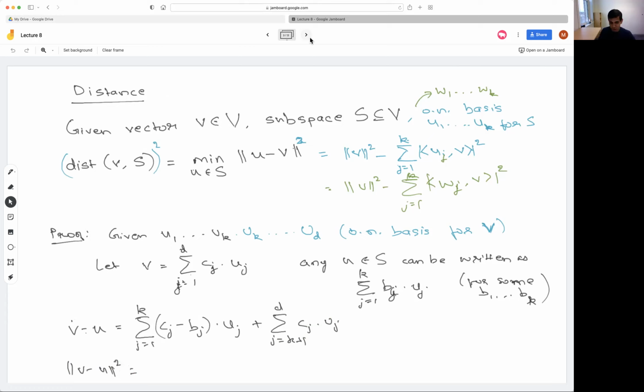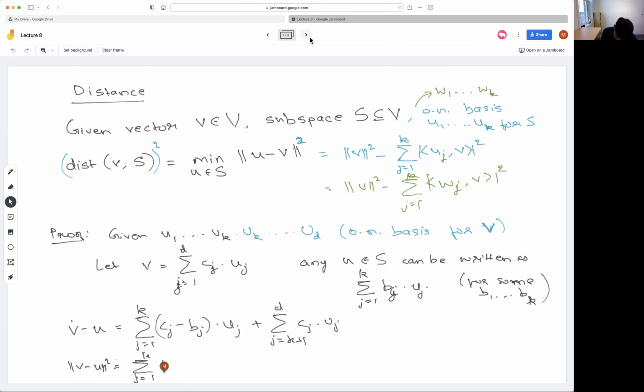What we know about orthonormal bases and Parseval's identity by now, we can write the norm of V minus U whole square as the sum of squares of all the coefficients, because we have an orthonormal basis.